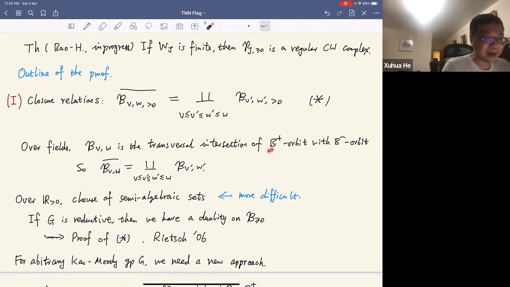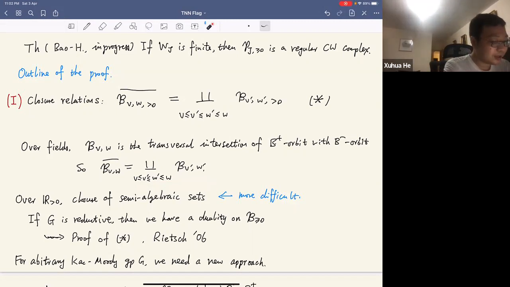Because it's a transversal intersection, we know that the closure of the intersection is equal to the intersection of the closures, and this is how we get this result immediately.